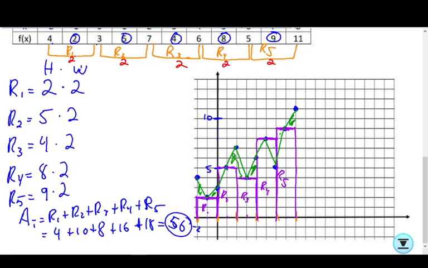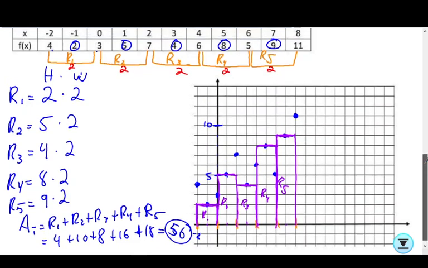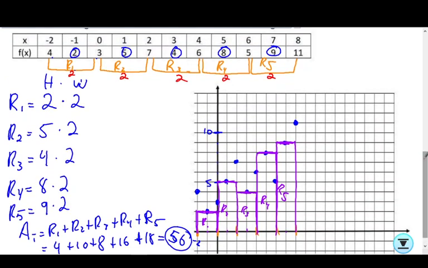Now, just to show you what it would have looked like, say we had used LRAM. The same problem if we had used LRAM. That means that these intervals, and I'm going to do that in red, R1 would have gotten its value from the left side.